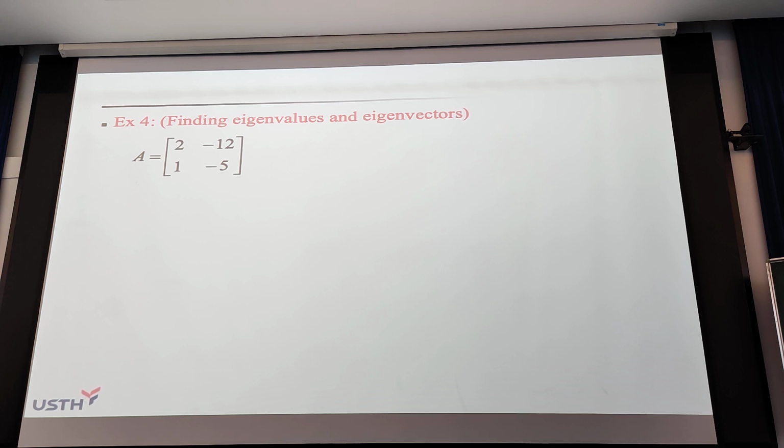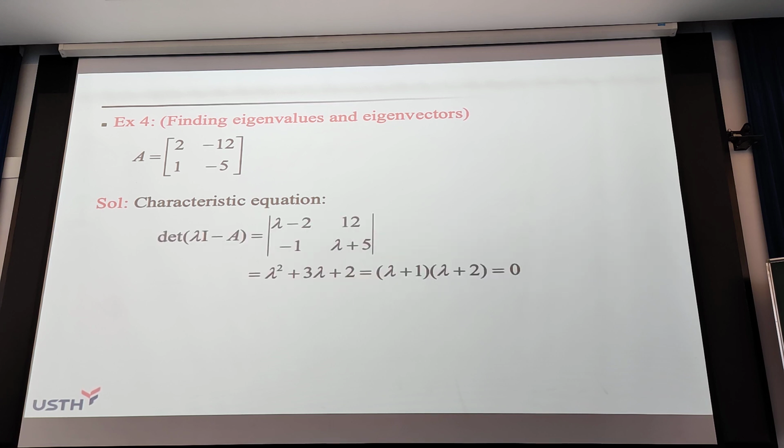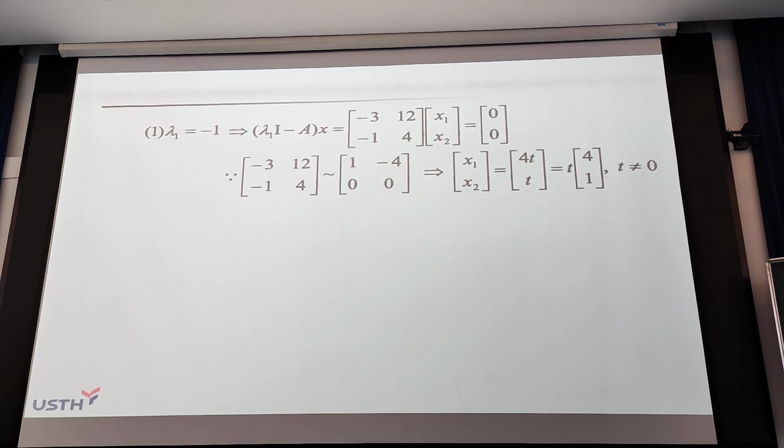Now, suppose that we are given A and you are required to find the eigenvalue and eigenvector. You know that already, so I go very fast here. From the characteristic equation, the eigenvalues will be minus 1 and minus 2. Then, in order to find the eigenvector, we need to solve the system of linear equations.